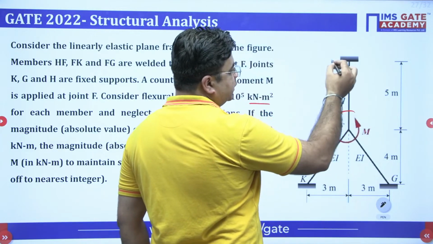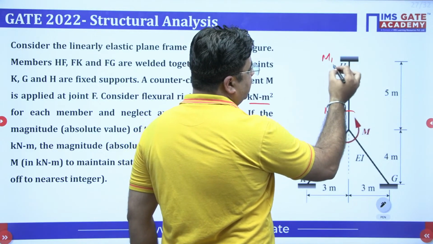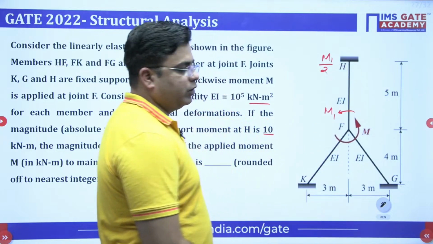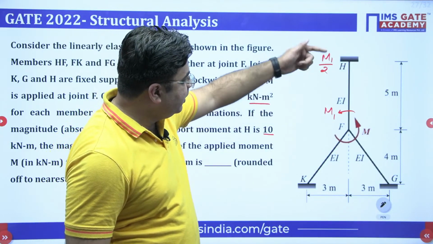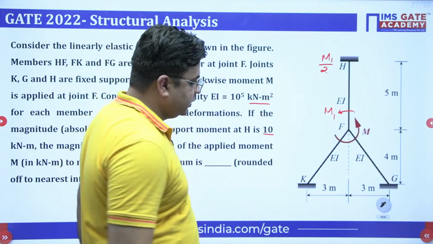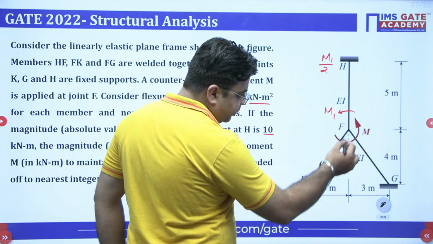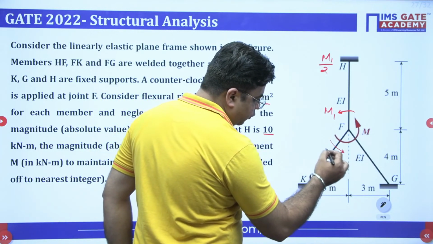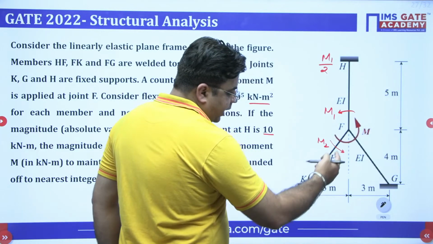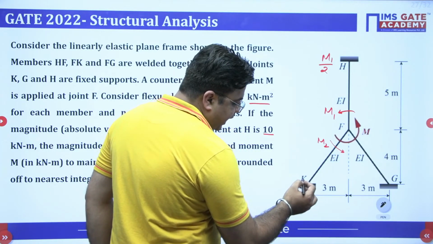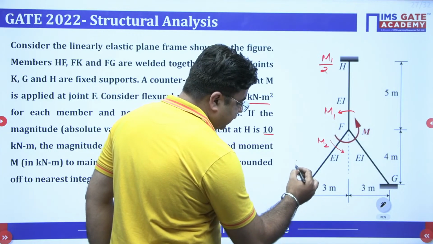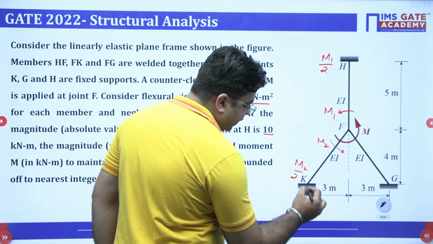Then half of this moment will be carried over to joint H or support H. Similarly, moment taken by this member FK is some M2, and half of this moment will be carried over to this support K. So here it will be M2 by 2.